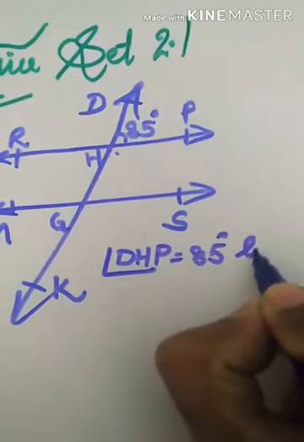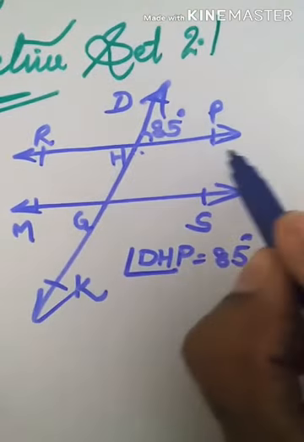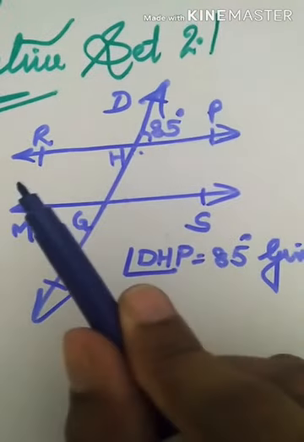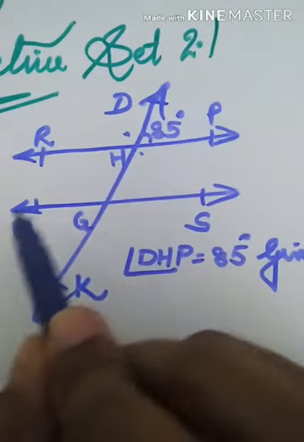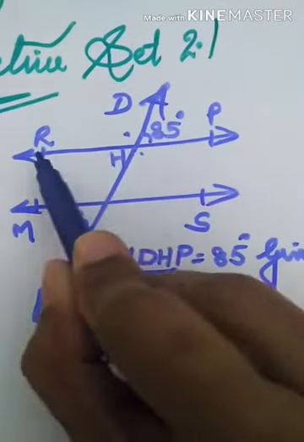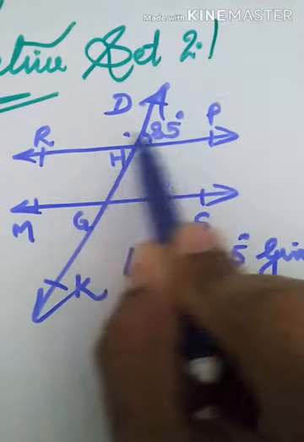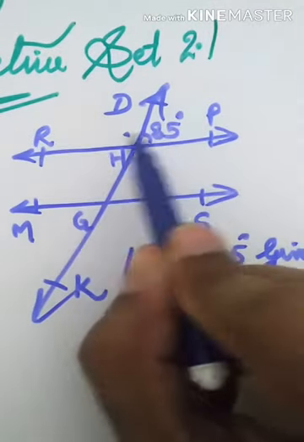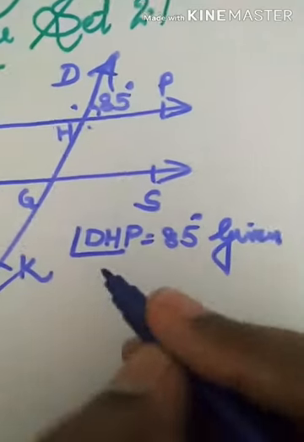You have to write the reason as given. Angle DHP is 85. They are asking to find the measure of angle RHD. RHD means this angle. As you can see, angle RHD and angle DHP both form linear pair angles, and angles in a linear pair make 180 degrees. So let us write the first step.